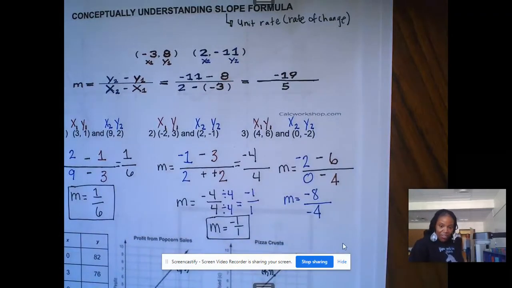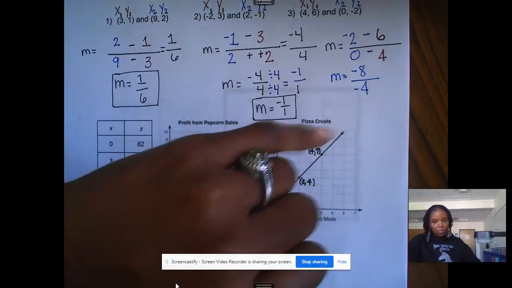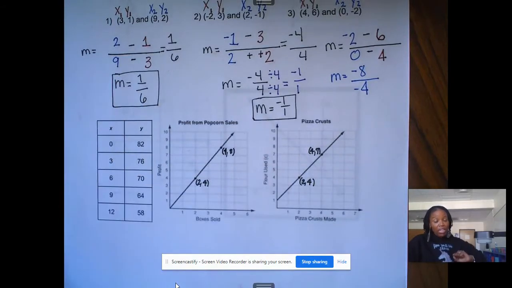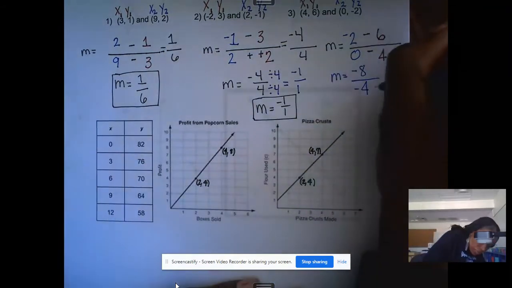Okay, so let's pick up from where we left off. So m equals negative 8 divided by negative 4. You know that negative 4 can divide evenly into both negative 8 and negative 4. So we are going to divide both of these by negative 4. Divide the denominator by negative 4.